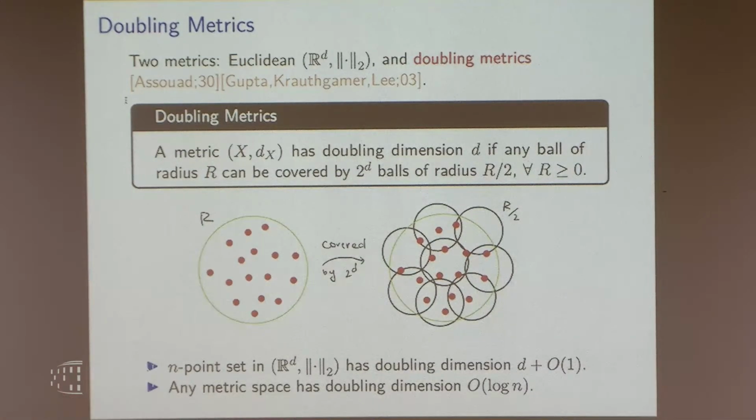Doubling dimension is sometimes good to think of as a discrete version of Euclidean metric, because Euclidean metric of dimension d has doubling dimension d plus some small constant. One interesting thing is that any metric space has doubling dimension at most order log n, because you can cover every ball of radius r by n balls of radius r/2. But it's not the case that any metric can be embedded into Euclidean metric of dimension log n. So somehow the doubling metric is sandwiched between Euclidean and general metrics.